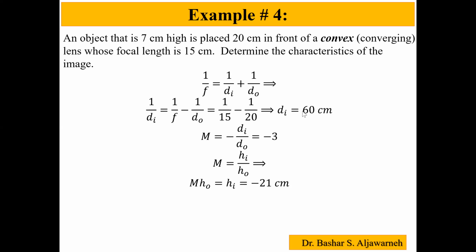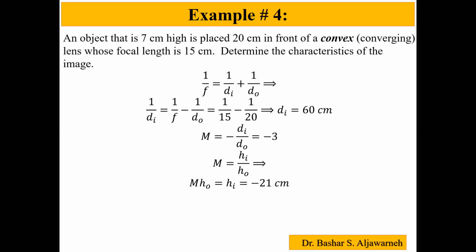Now, up to this point, we can guess the characteristic of the image, where it should be real, because we are talking about convex lens, and inverted, because again it's convex lens, and either reduced, enlarged, or same height.